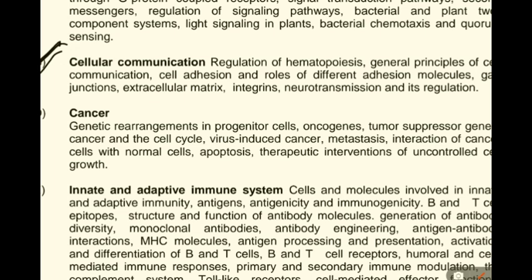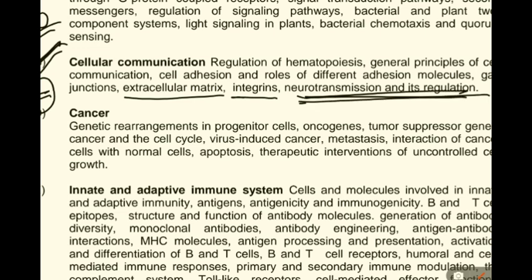We will be dealing with cytoskeleton complexity here, how various proteins help in attaching one cell to another, about the extracellular matrix, about integrins, about neurotransmission and regulation. We will also be dealing with the neural system and chemical coordination in human physiology.